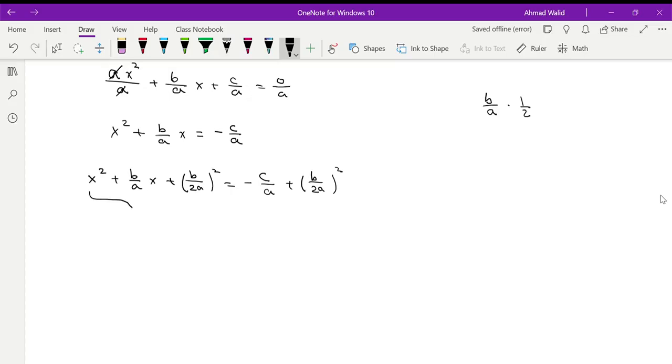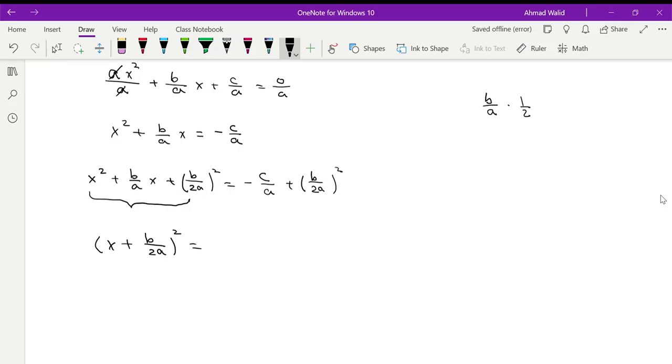From here to here, it's a perfect square trinomial. Then I can write x plus b over 2a all square equals, let's simplify and put this in a nice order. A nice order means I will write the positive term first, then the negative term.